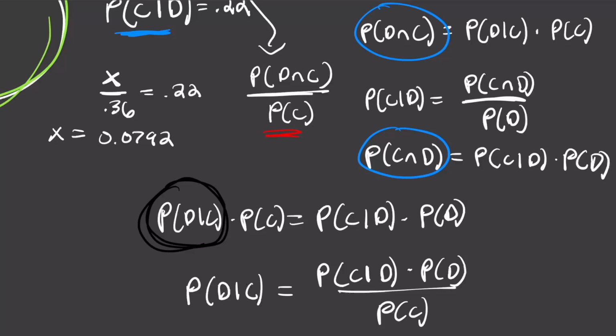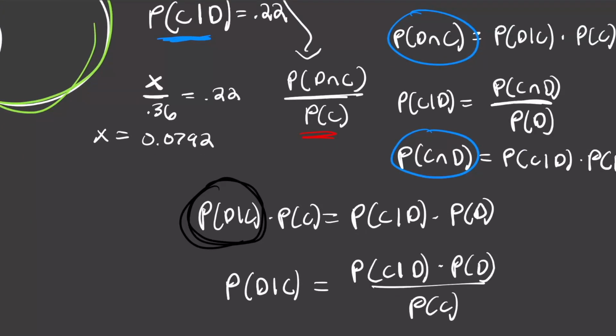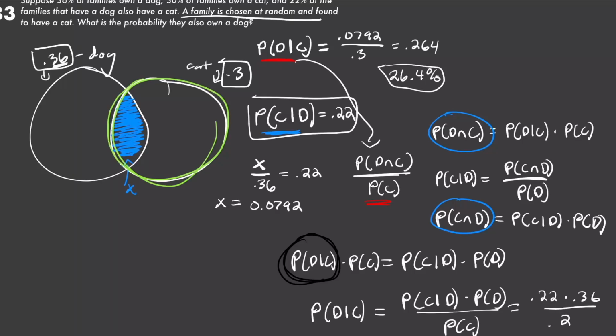It's basically exactly what we did up here; we were just visualizing it using Venn diagrams. If you plug in all the numbers that we were given, the probability of C given D is 0.22, the probability of D is 0.36, and the probability of C is 0.3. All we have to do is go 0.22 times 0.36 over 0.3, and we'd get the exact same thing.